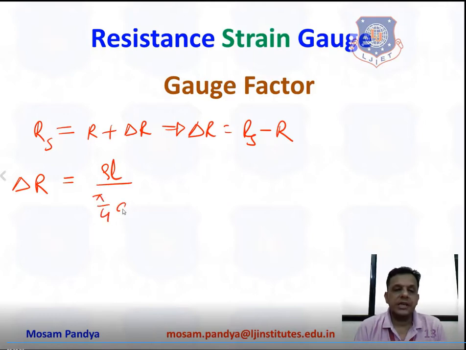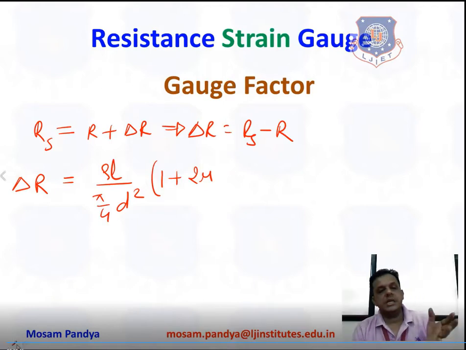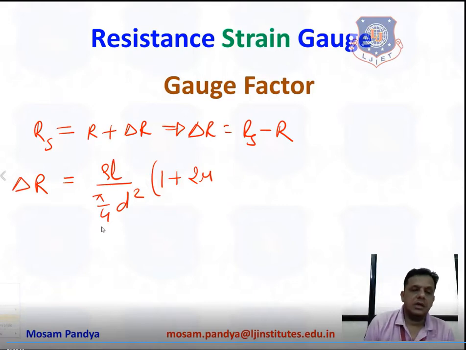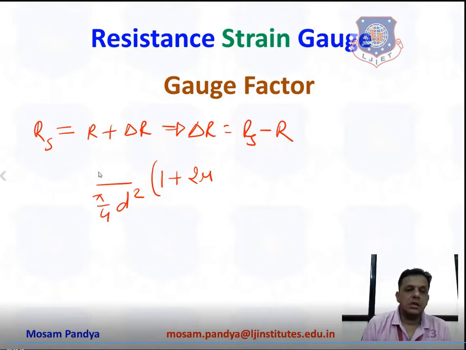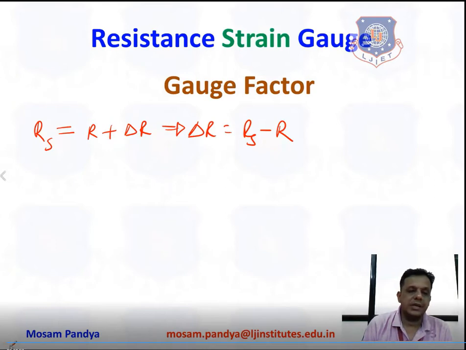So here I am straight away writing the equation for Rs minus R, rho L upon pi by 4 d square, and the rest of the thing 1 plus 2 mu. Or let us say we will be rewriting this equation for Rs. Let me add one more step so you can understand very well.